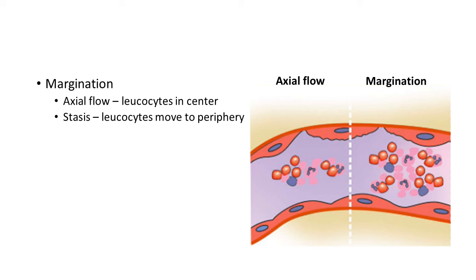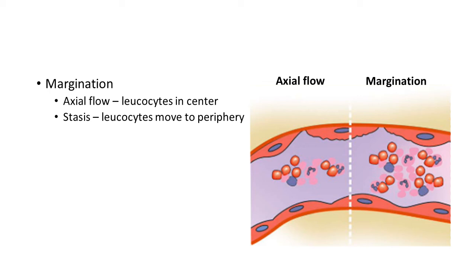And this stasis changes the normal pattern of axial flow and brings the leukocytes, that is cells, towards the periphery. And this process is called margination. You can compare this with margination or movement of heavier objects flowing in a river towards the banks when the river has slowed down.